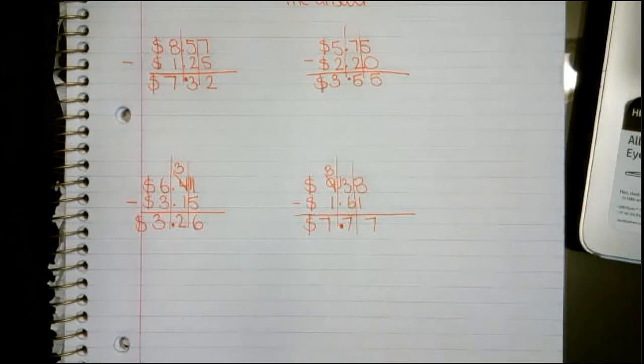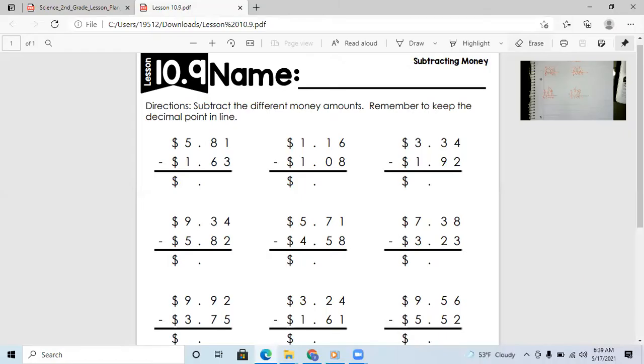All right, friends, so now I am going to share my screen. All right, friends, so now everyone needs to get their 10.9 worksheet, and I'm going to do 2 problems with you. So I'm going to do this first problem right here. So the first thing I'm going to do is I'm going to draw my columns so that I don't get confused on what I should be subtracting.